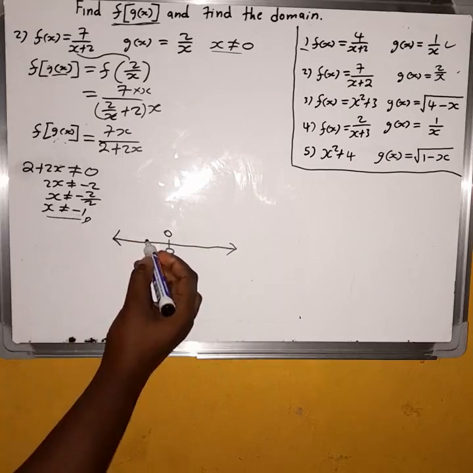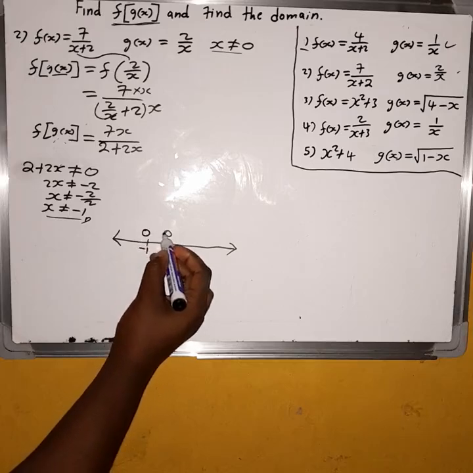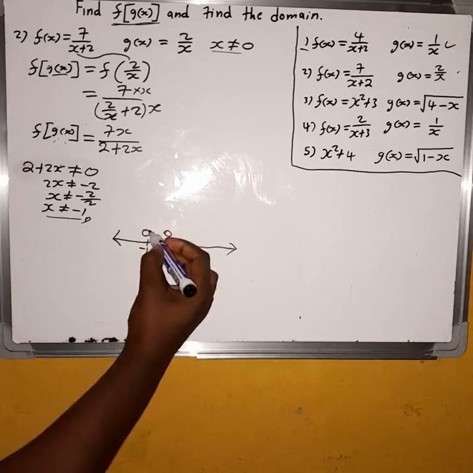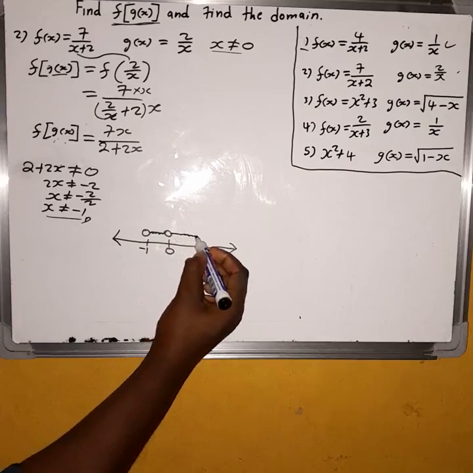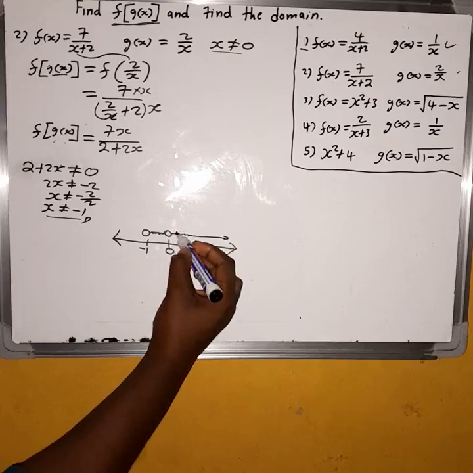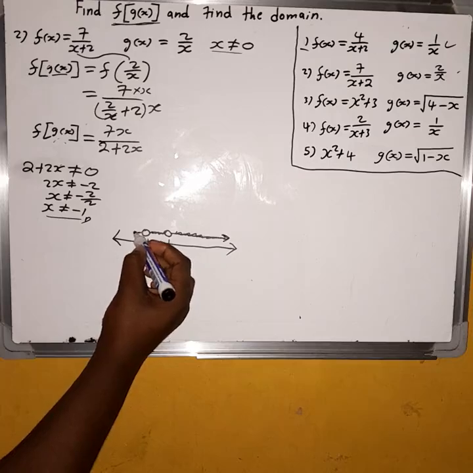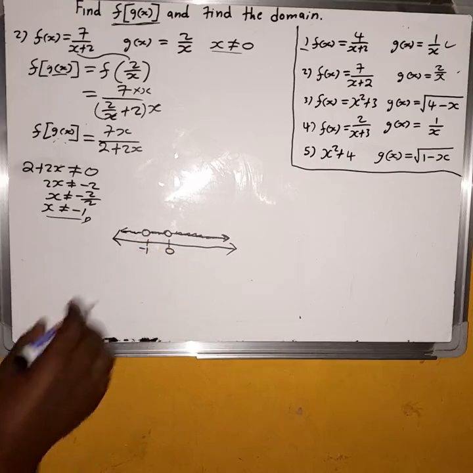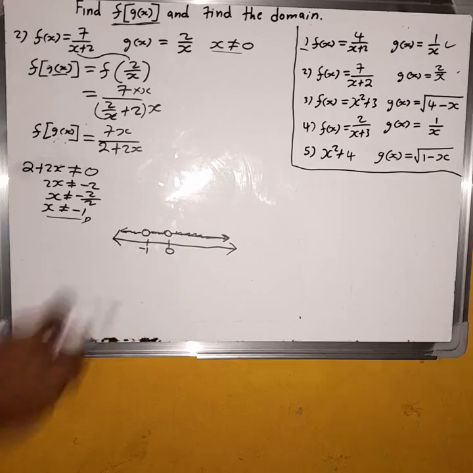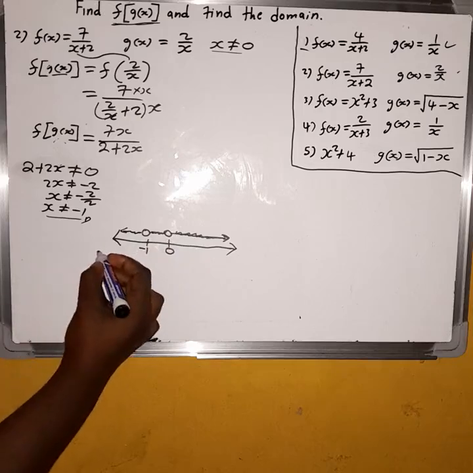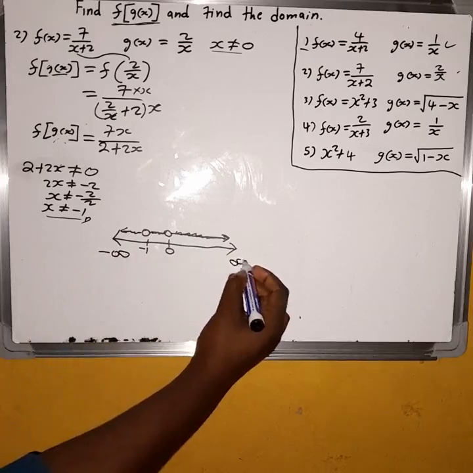Minus 1 is not included. Then x can be any number between here, and also any number in that direction. But x cannot be -1 or 0, which are restricted. Here we have negative infinity, here we have positive infinity.